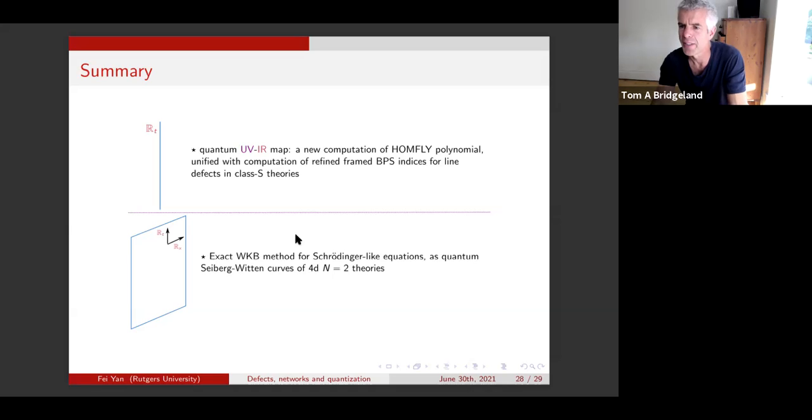And somehow the things in the Hall algebra are very easy to write down, but then the magic is that when you apply this map, you get the DT invariants and framed DT invariants as well.